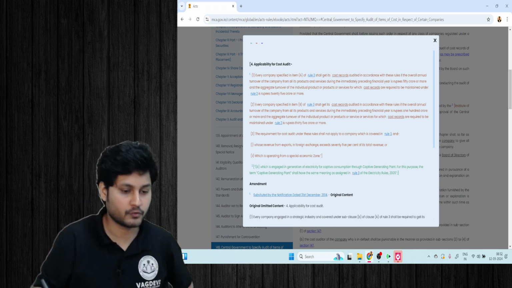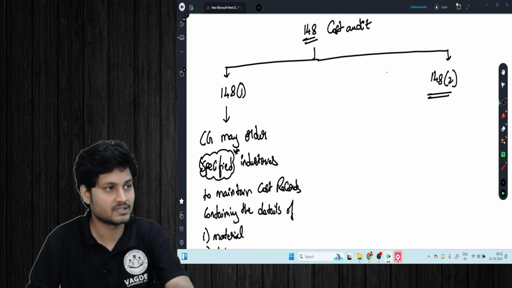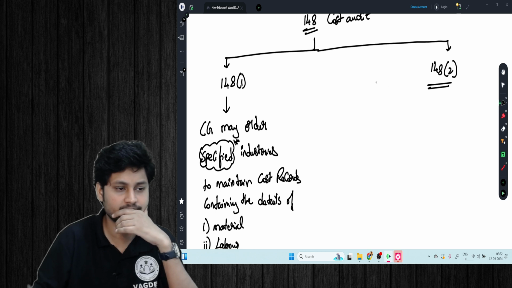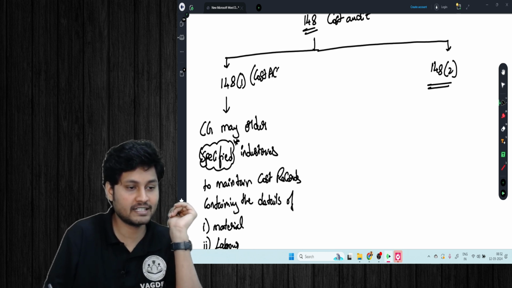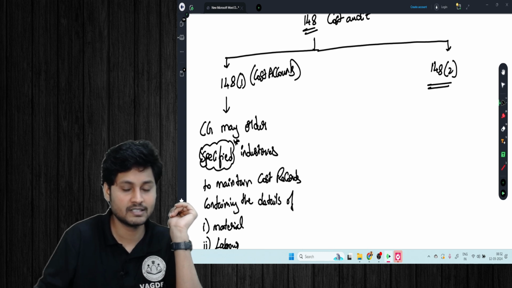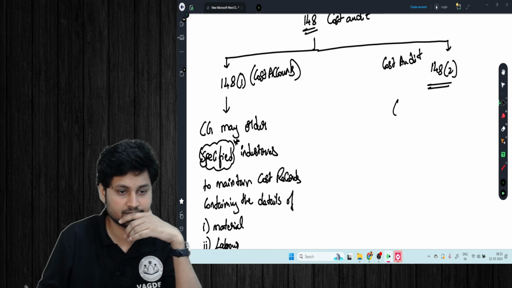Before I write rule number 4, let me continue these notes. So 148 talks about what? Audit. This is cost accounts. 148 subsection number 1: cost accounts. 148 subsection number 2: cost audit. Who may order?